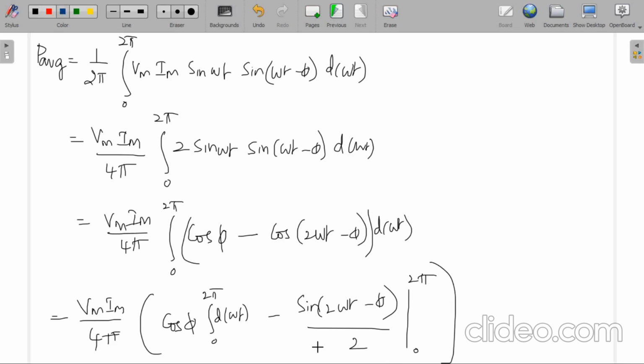If you solve this, the second part becomes 0. Then you get Vm Im by 4 pi cos phi into 2 pi, which gives Vm Im cos phi by 2.